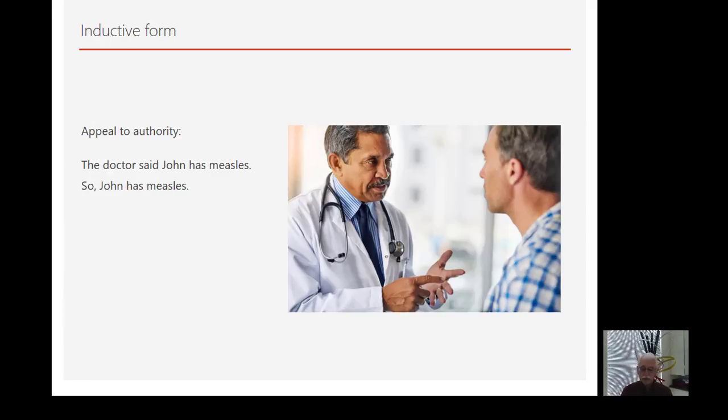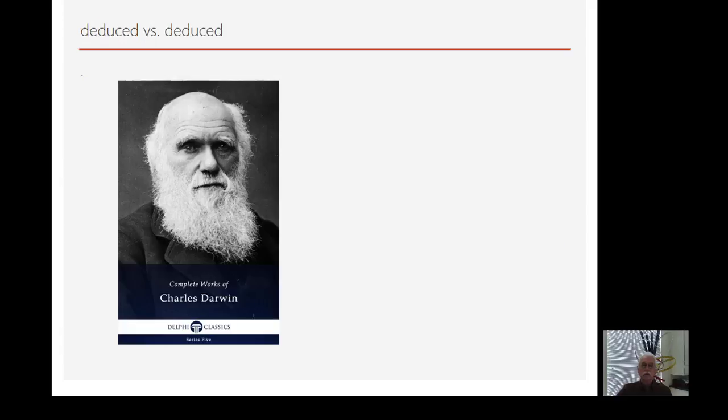So assessing the strength of an inductive argument that appeals to authority is a much more subtle enterprise. That argument about the doctor and the measles is not deductively valid, but still might be good enough. Now, we've been using this word valid and deduced and so forth.